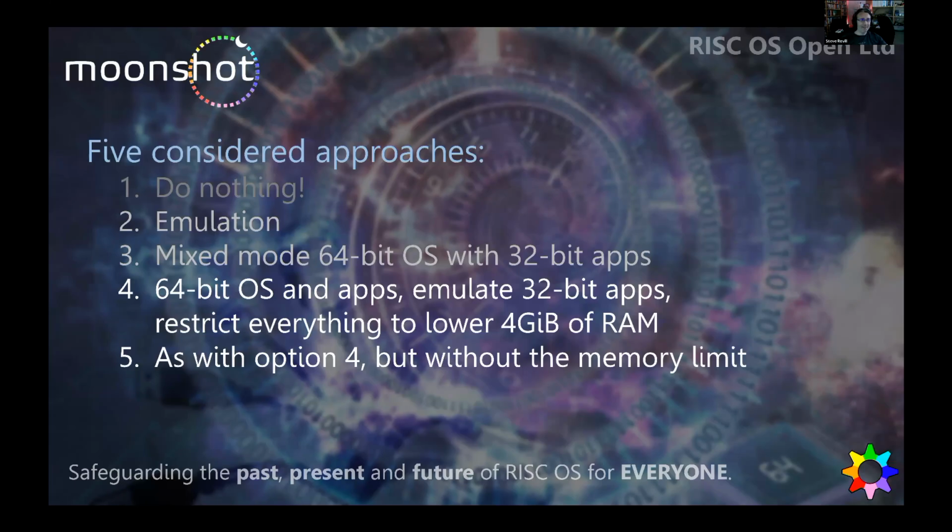You convert everything to 64 bits, but you don't tell everything that it's got more than 4 gigabytes of RAM. And that means quite a lot of applications and interfaces don't have to change. So you do constrain the impact in terms of stuff you have to rewrite and stuff you have to change. So that could be a useful stepping stone.